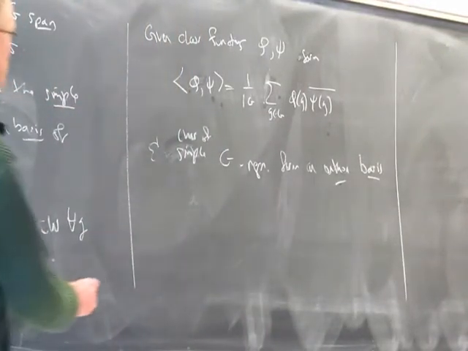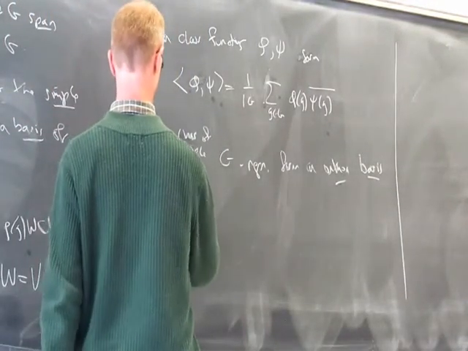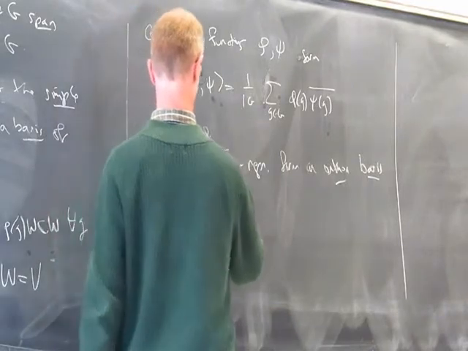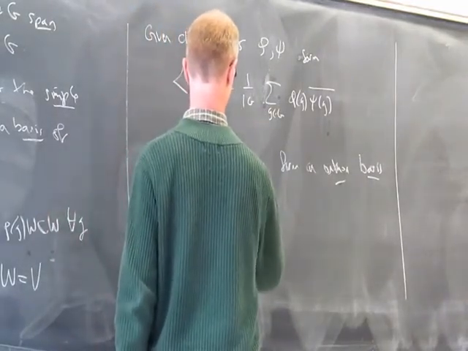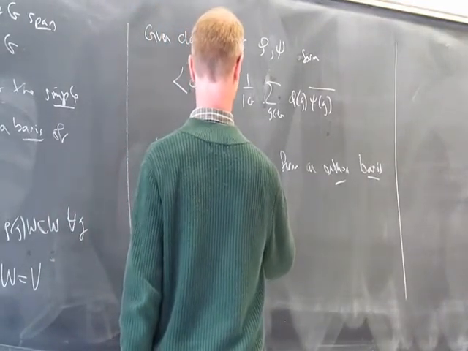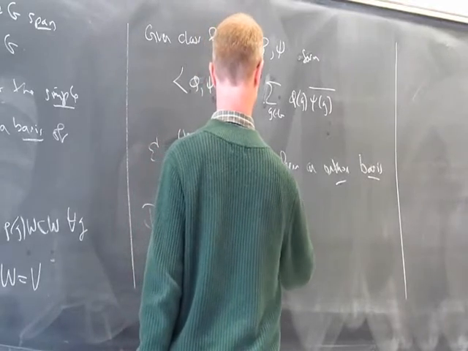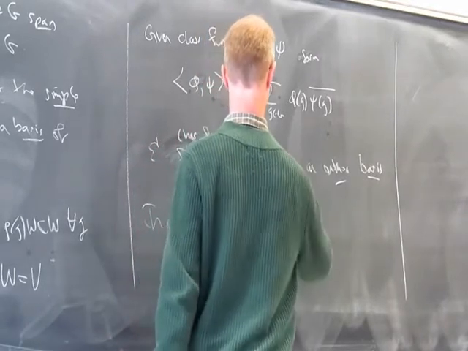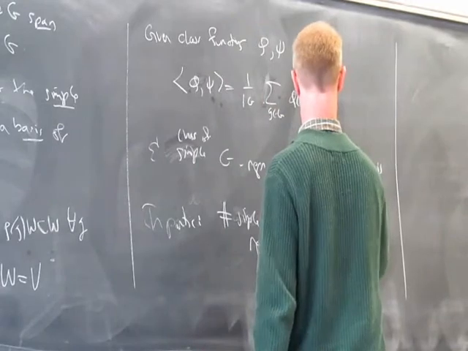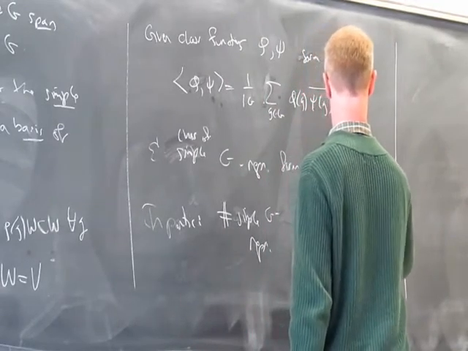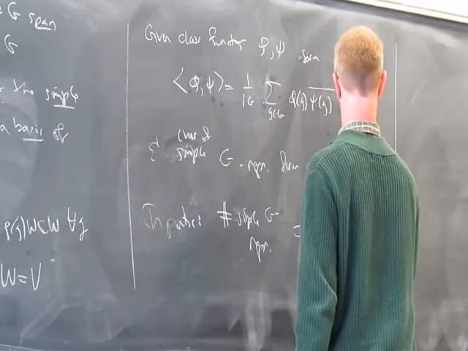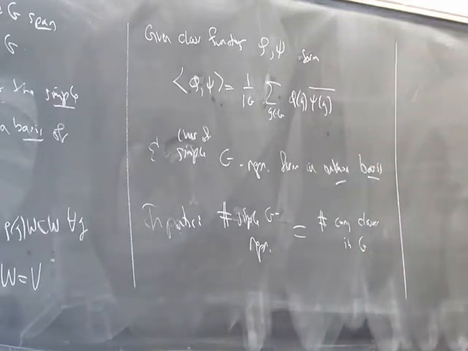In particular, I get that the number of simple G representations is equal to the number of conjugacy classes in G. Why?